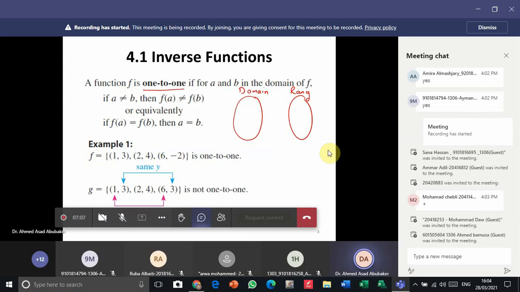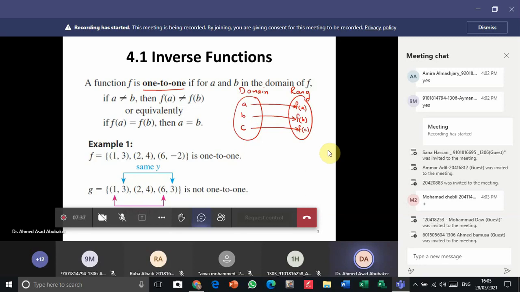One-to-one means any point, A or B or C, in the domain has an image in the range that is different from that of another value in the domain. So we cannot find A and B different, but f(A) equal to f(B).